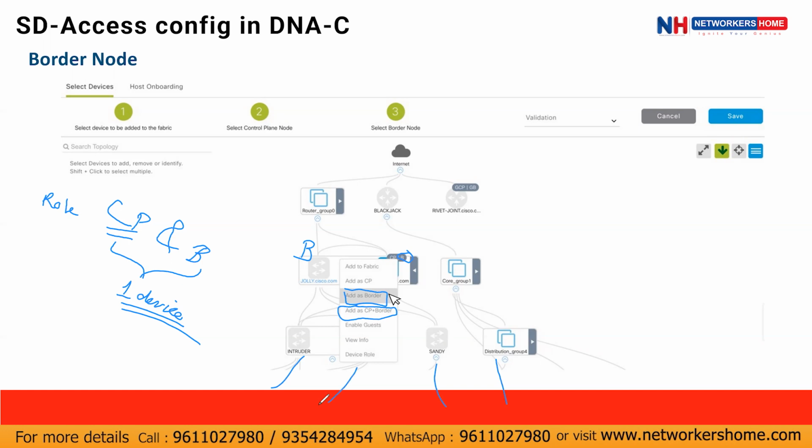Now again, it depends on the utilization, number of users, number of endpoints which are active on the network, and this specific thing will be decided in the network design part, whether to assign a single device both the roles, or you have to keep everything separate, or you want the internal and external border as one device and the control plane as another device.